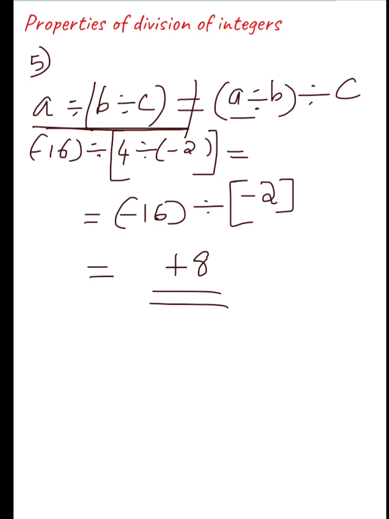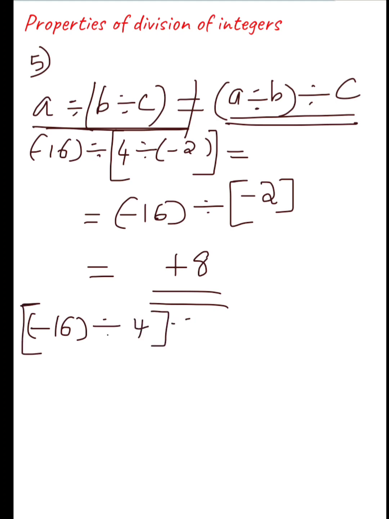Now let's do the right hand side, which is a divided by b divided by c. That is minus 16 divided by 4, divided by c. What is c? Minus 2. So what will you get? What is minus 16 divided by 4?